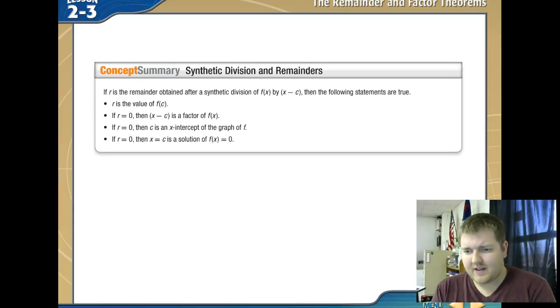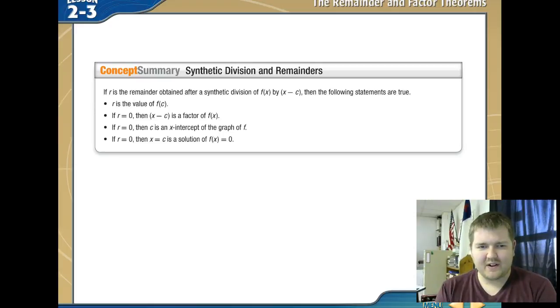So to kind of summarize our ideas behind synthetic division and remainders, if r is the remainder that we get after dividing f of x by x minus c, then r is the value of f of c. So the remainder is what we'd get when we put c into the function.